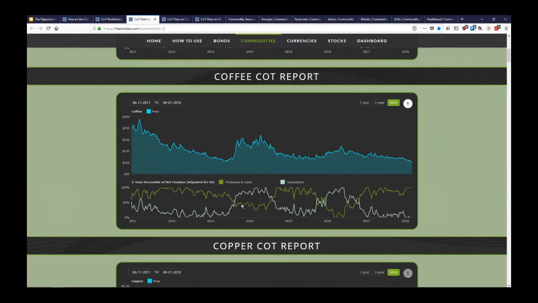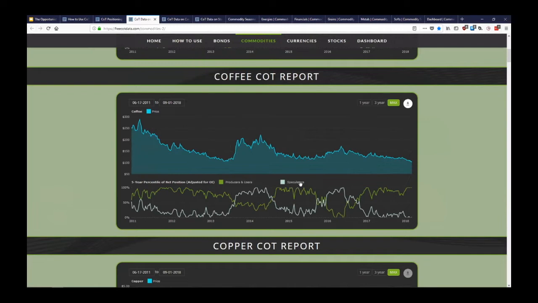So if it's 100%, it means that category, like producers and users or speculators, is more net long than they've ever been over 5 years. And if it's 0%, it means they're either more net short, or let's say they're running super low long exposure relative to the past 5 years.